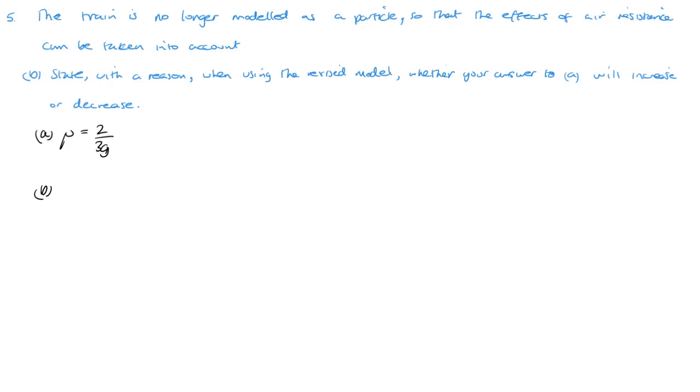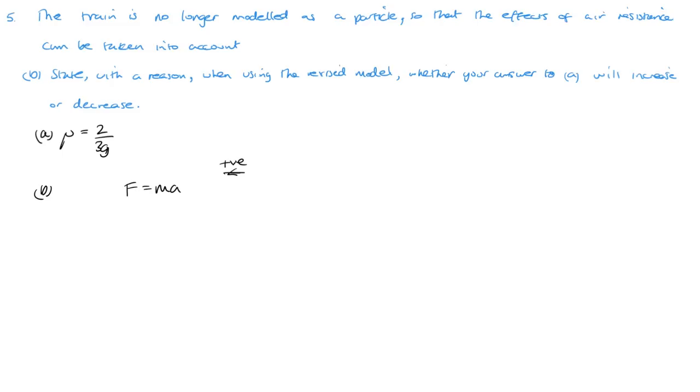Now, for part B, it says the train is no longer modelled as a particle, so the effects of air resistance can be taken into account. State with a reason when using the revised model whether your answer to A will increase or decrease. So let's look at what we were doing with F equals ma, and let's take left as positive this time because it didn't really make sense to take right as positive.